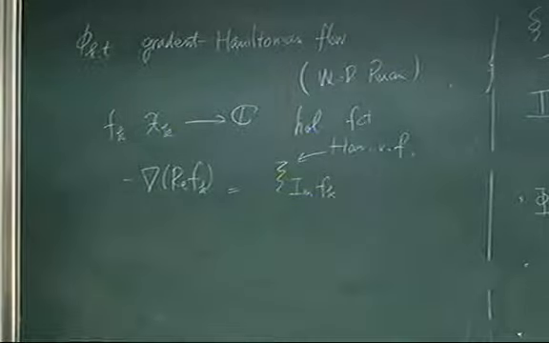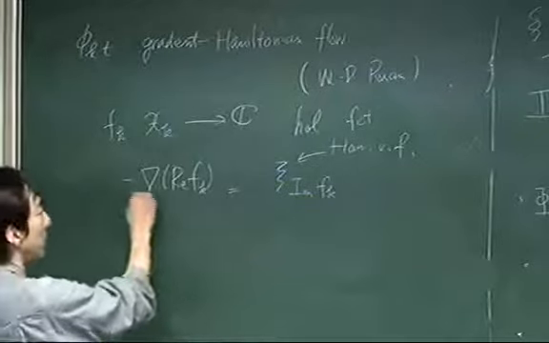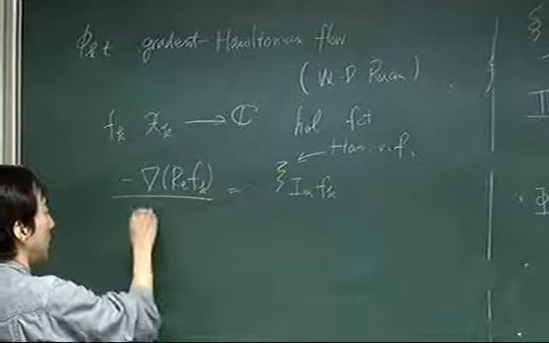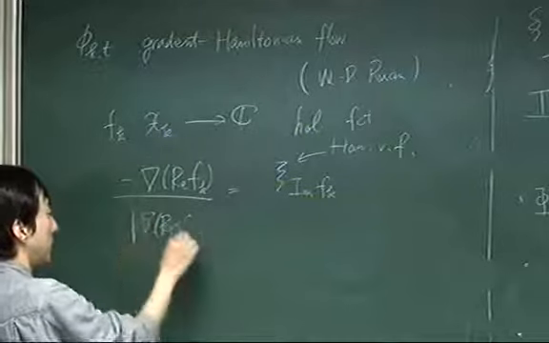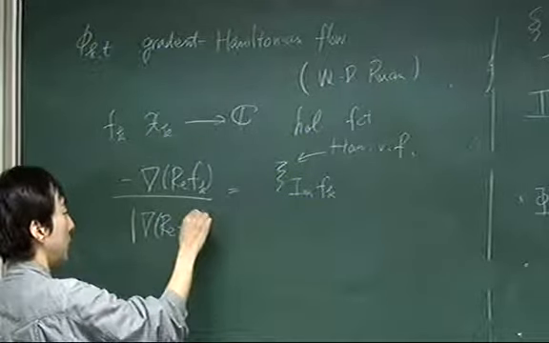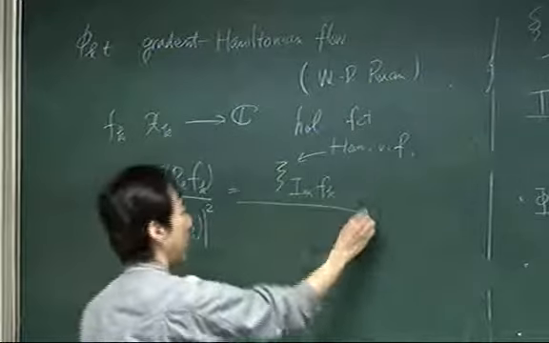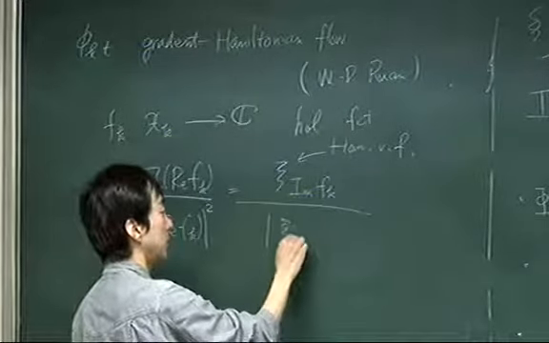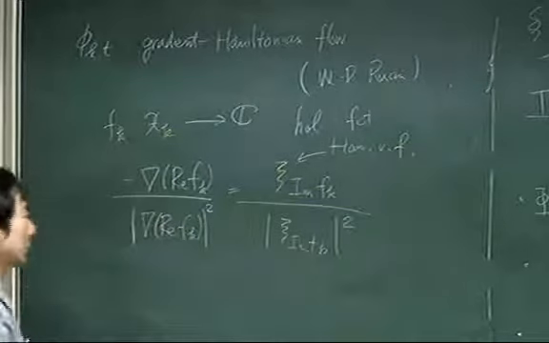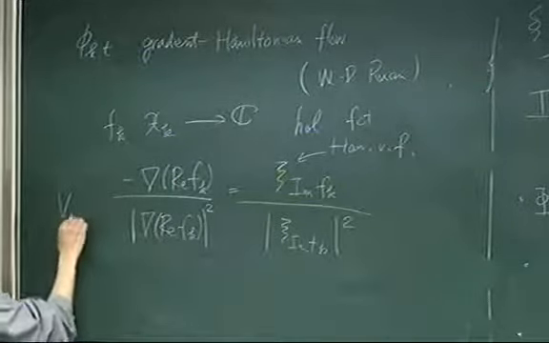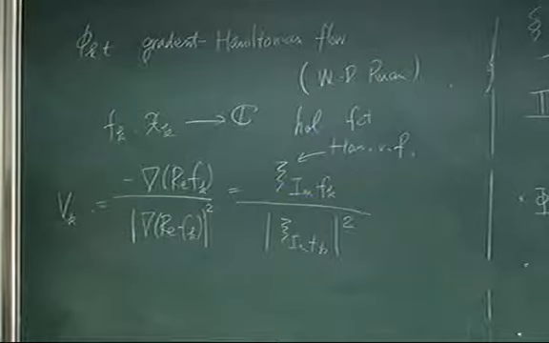This is nothing but the Cauchy-Riemann equation. Then we divide by the square of the norm, and we set this vector field to be Vk. Then phi k is given by the flow of this vector field.